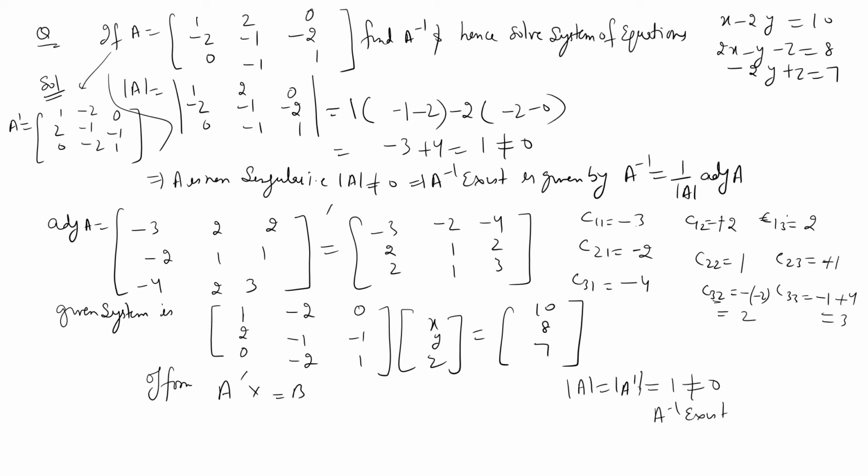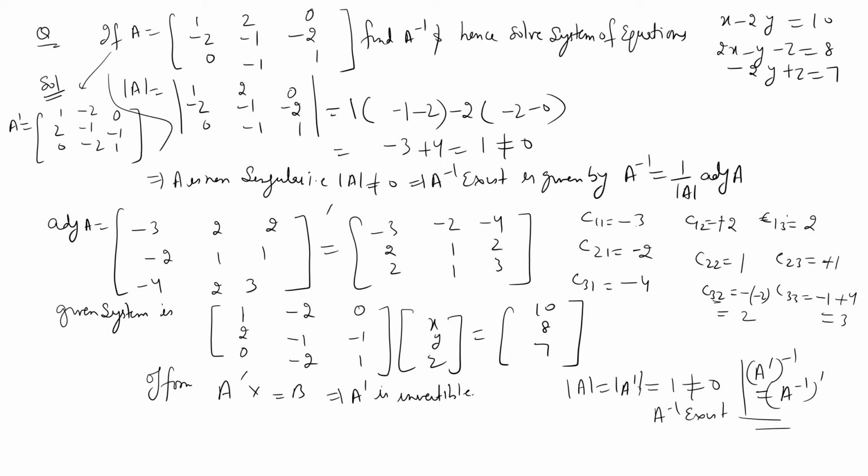But how to establish the connection with this A inverse? Now this implies that A transpose is also invertible, right? And it is given that A transpose whole inverse will be the same as A inverse whole transpose, right? So this result holds here.